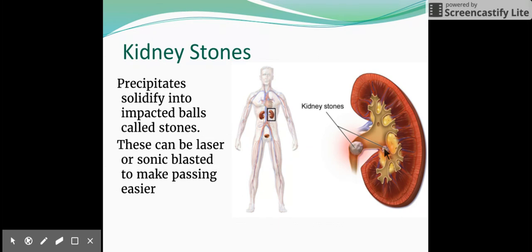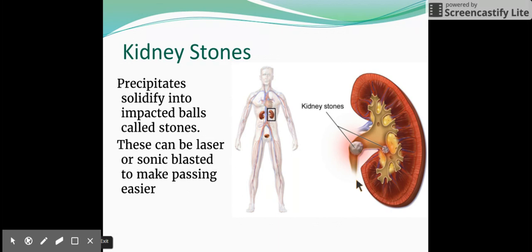You have these fluids that come together, and once they mix, you get a solid being created from that reaction. And those solids then get compacted into what we call stones. They're like balls of precipitate. And then those have to be passed.